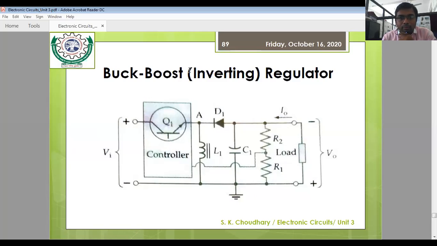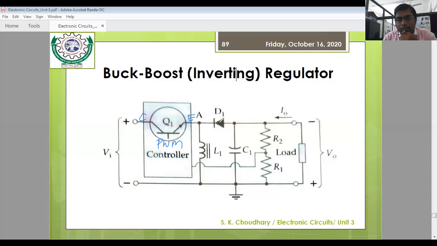In this particular case, this is the PWM input, this is the emitter terminal and this is the collector terminal. Now the inductor is connected across this particular input, so the position of the inductor is now changed.